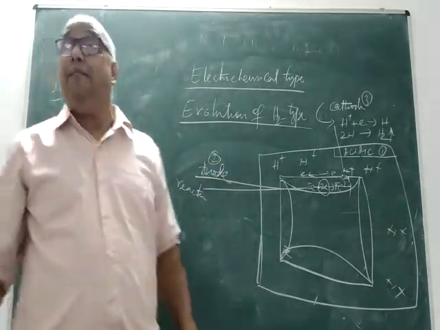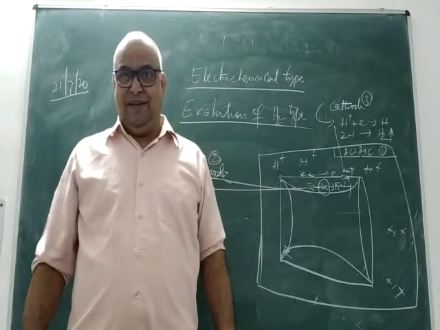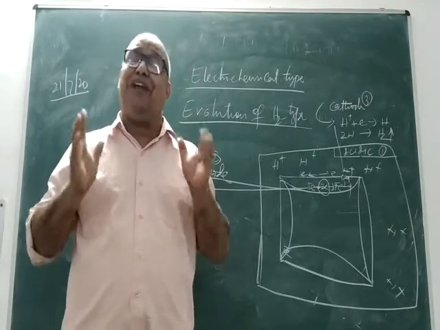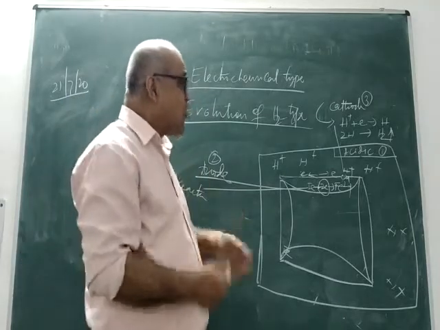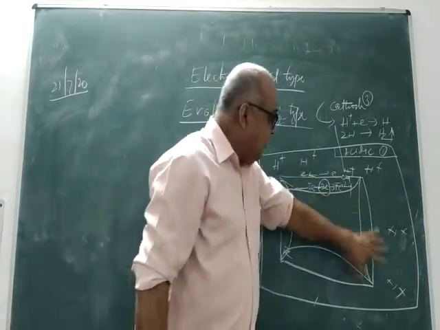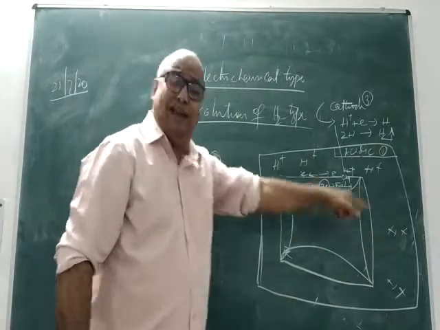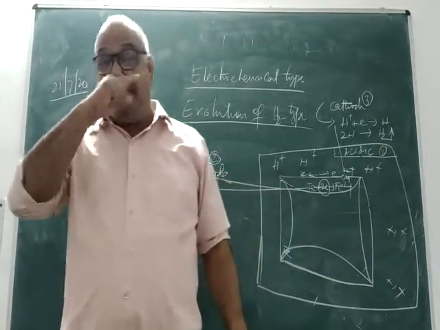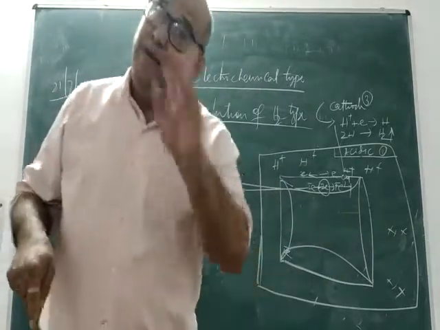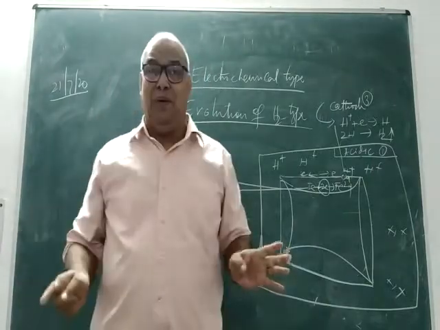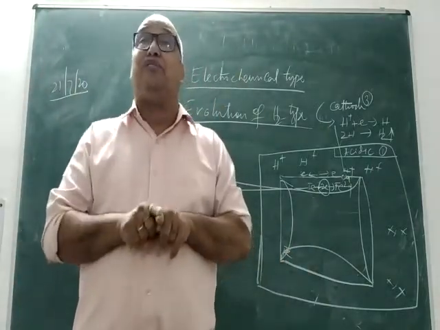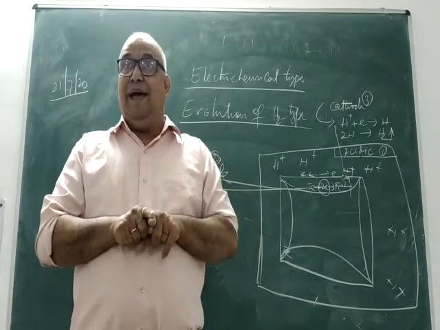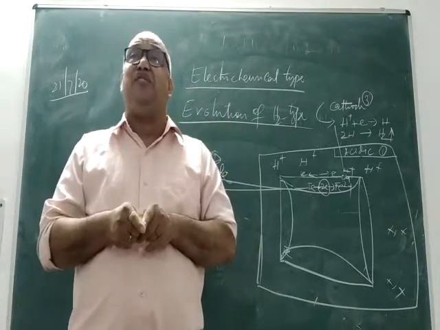And number 4, anodic area being very large, and we also know that corrosion takes place only at anode. Corrosion may take place anywhere on the metallic surface. The exact location where corrosion will take place we do not know, because the entire metallic surface will be susceptible to corrosion, as the entire metallic surface is your anode.